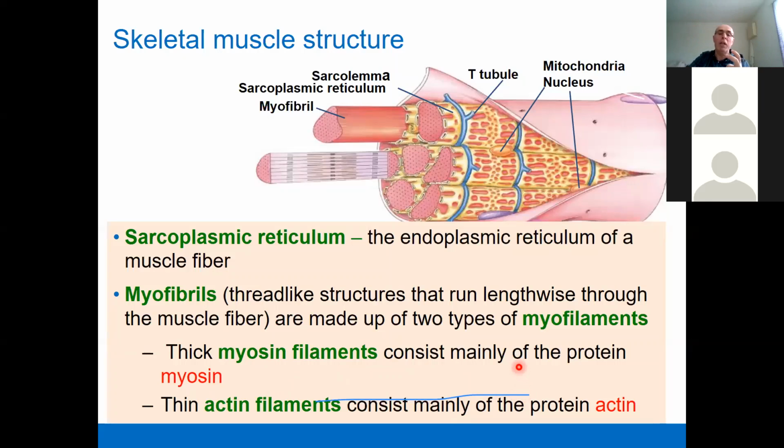Okay, what does that mean? Myofibrils are made of two filaments, myofilaments. The thick one is myosin filaments. The thin one is actin filaments.